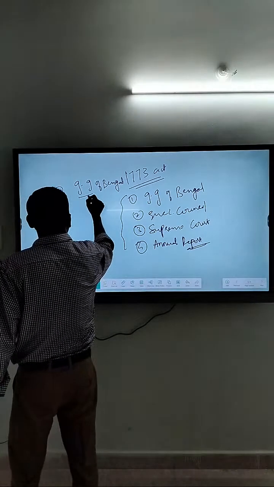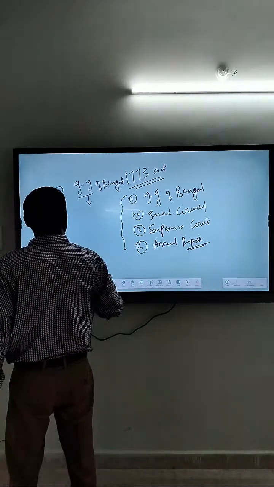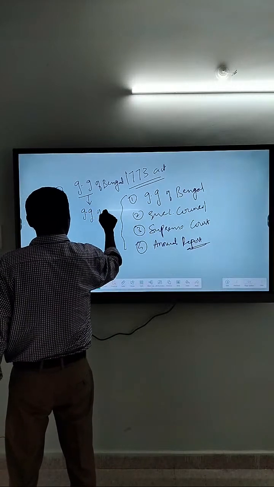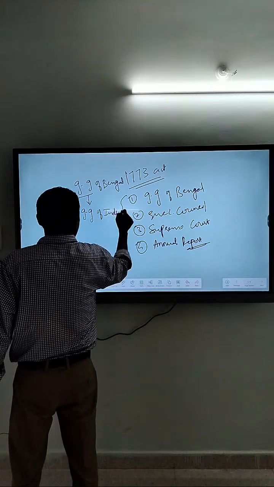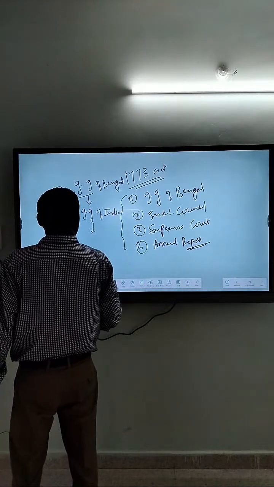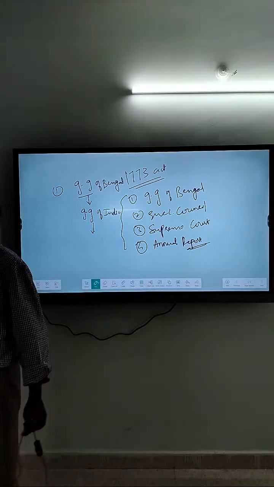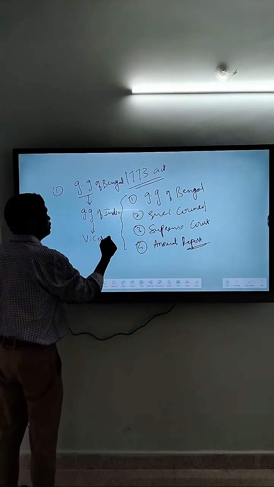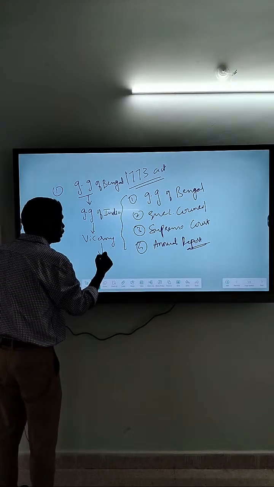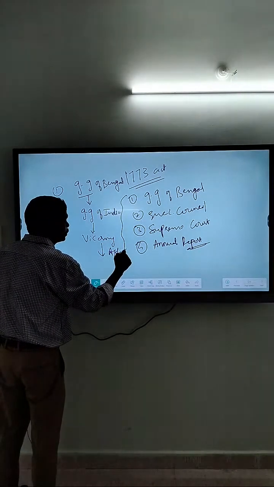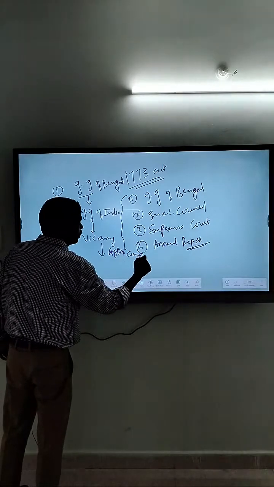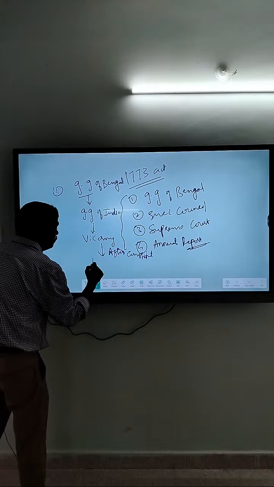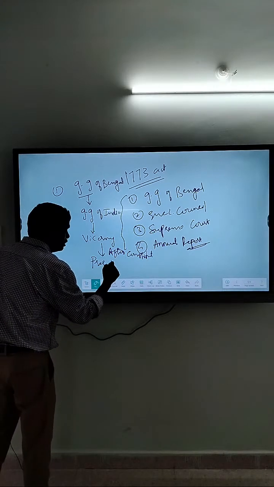The same institution later became Governor General of India. Then this Governor General of India was made Viceroy of India. The same Viceroy, after commencement of Constitution, became President of India.